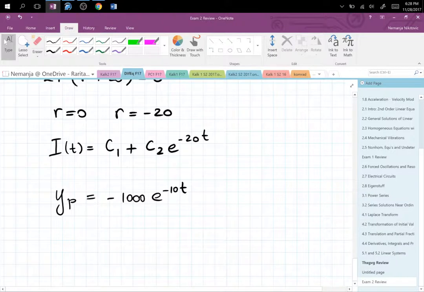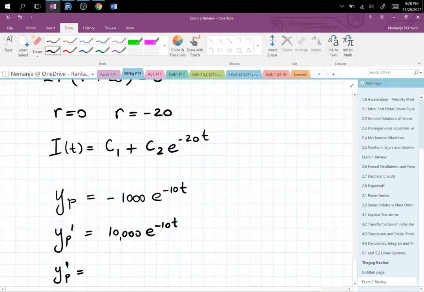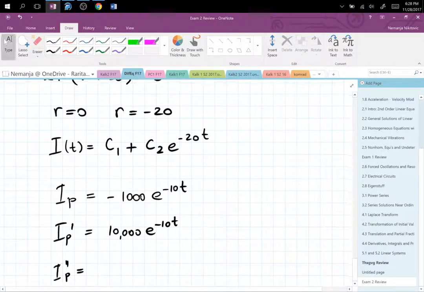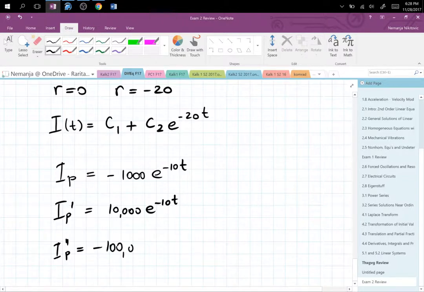And then I take the derivative, which is 10,000 e to the negative 10t. Then we put those back in.